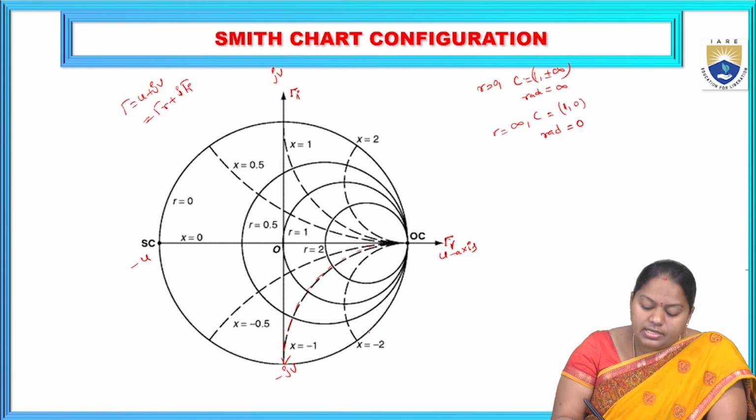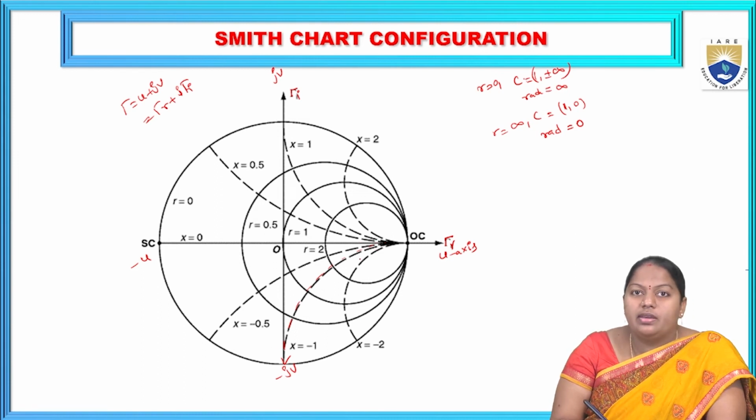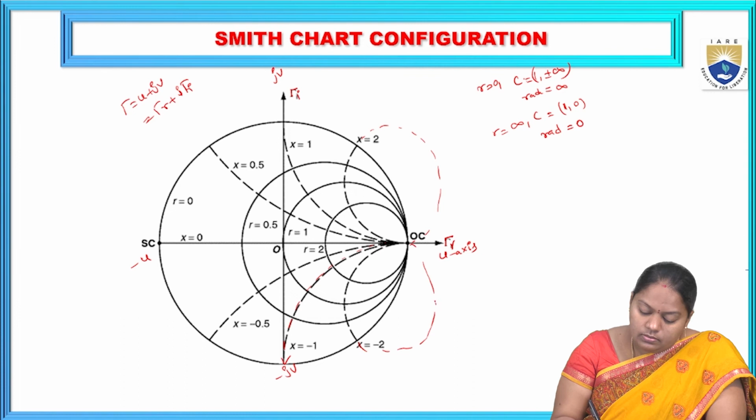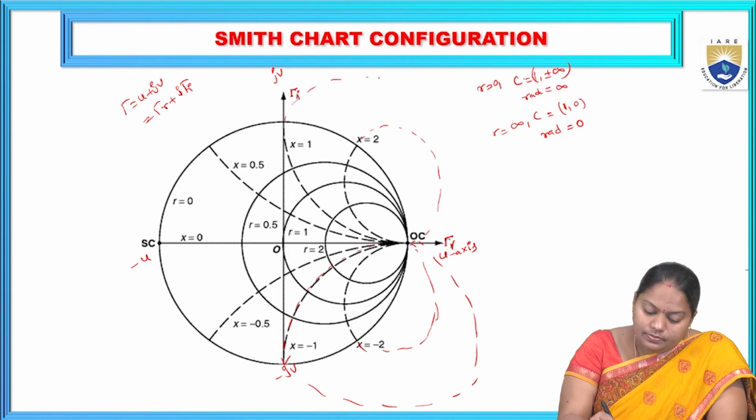So if you keep on increasing the values of x to 2, 3, 4 and so on up to infinity, the center almost reaches the 1 comma 0 position and the radius is almost equal to 0. This is the way we'll be drawing the circles, like this. This is the way we draw the constant reactance circles.